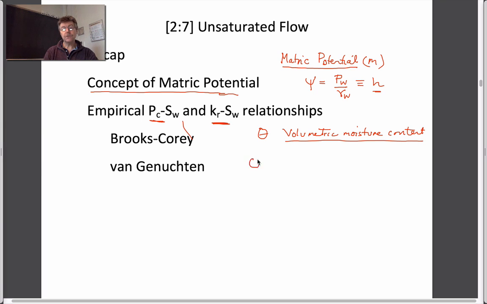And volumetric moisture content is equal to the volume of water divided by the volume of the voids. So, in other words, that would be equal to, so how do we define that? So porosity is equal to the volume of the voids divided by the volume total.